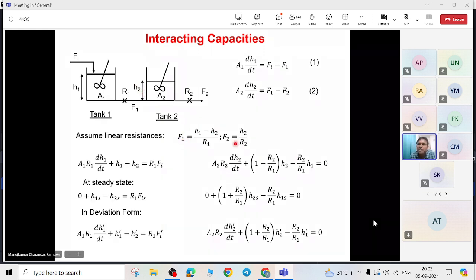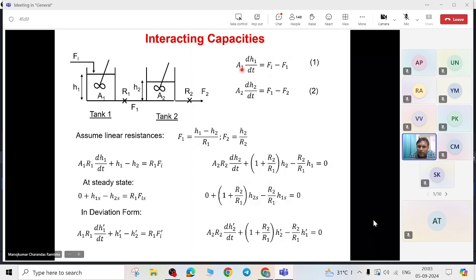Now let's put this F1 and F2 in the equations and simplify. If we put F1 in the first equation and multiply the entire equation by R1, what we get is A1 R1 dH1 by dt plus H1 minus H2. What we have done here is put F1 as H1 minus H2 divided by R1, and then multiplied the entire equation by R1.